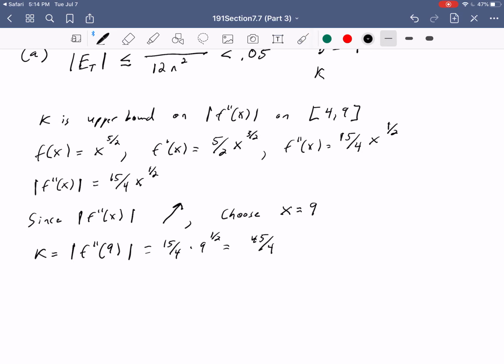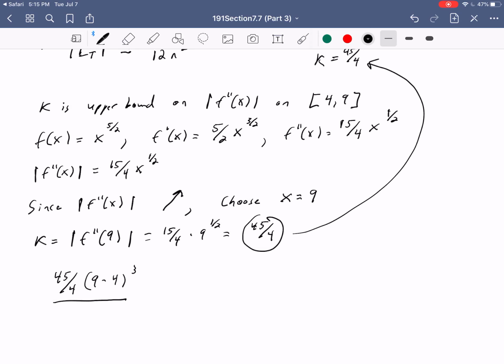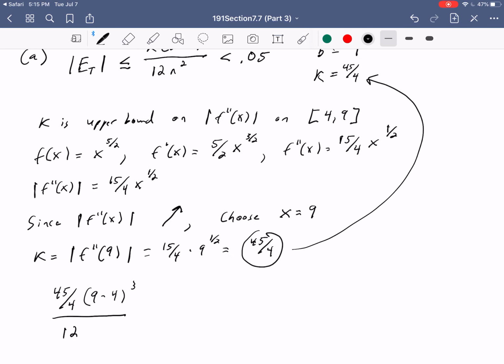Just for consistency, I'll bring this up here to remind ourselves why we were doing this. So we get 45 over 4 times (9 minus 4) cubed over 12 times n squared, and of course n is what we're looking for.